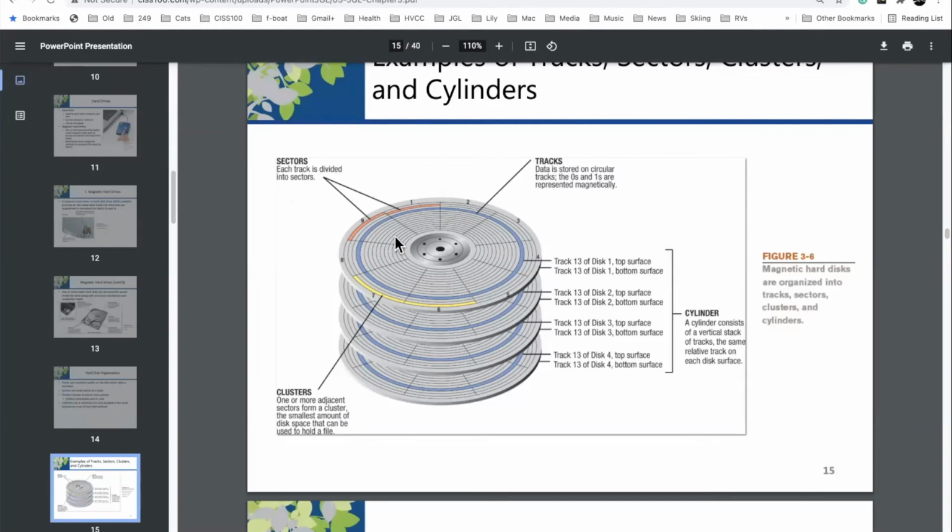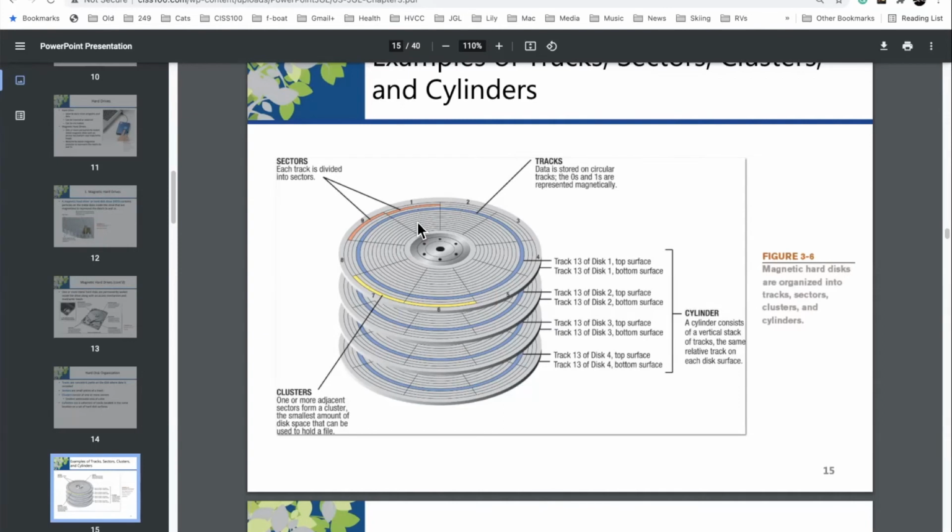And recall, all processing is done in memory. So if you want to find something on a hard drive, you need its address. Those addresses need to be in memory, so they're consuming memory that you'd otherwise use for processing. So it makes sense to combine sectors into clusters. And with this, the cluster becomes the smallest addressable unit.